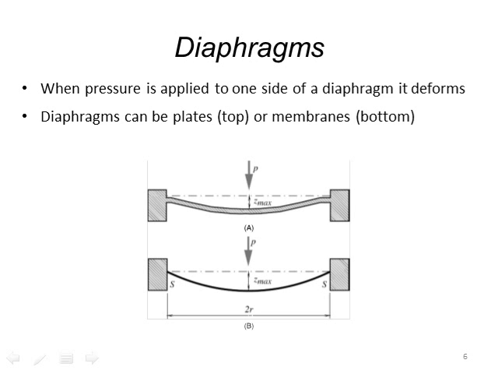When one pressure is applied to one side of a diaphragm, it deforms, as I said. Diaphragms can be plates, which is located on the top, or membranes on the bottom. And although these look almost identical, the way that they bend and the pressure ranges that they're used in are very, very different. So on the top, you'll see that the plate is typically thicker, and you'll notice that the way that the plate bends is much, much different.